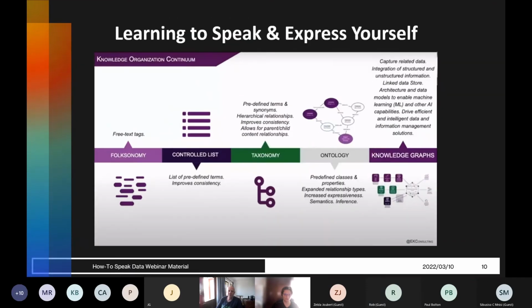Okay, great. So this is sort of what we went through last week, so I'll try not to repeat it repeatedly. This is what I like to explain to people, the continuum of our semantic meaning and how we go up the list, starting off from folksonomy, free text tags.